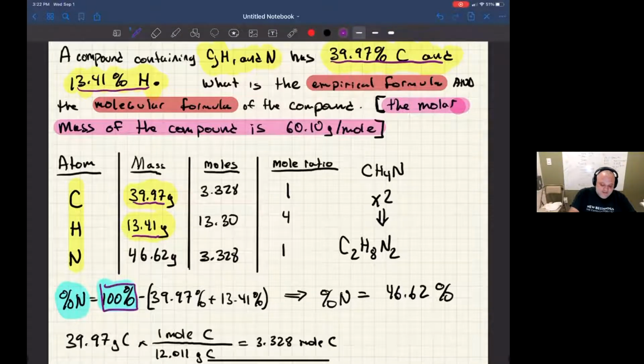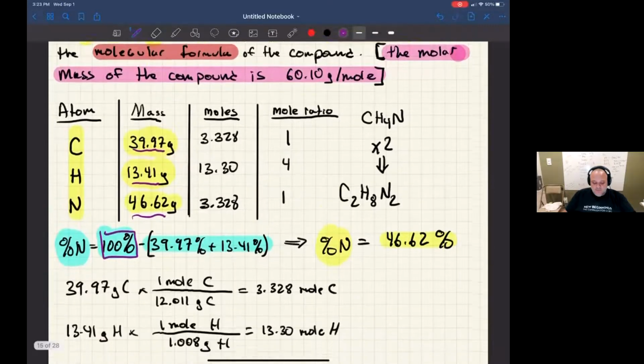And so if I take that 100% and subtract the two mass percent compositions that I have, I will be able to get the mass percent composition of nitrogen. So ultimately, the mass percent composition of nitrogen is 46.62%. And so I can include that in my table as 46.62 grams.